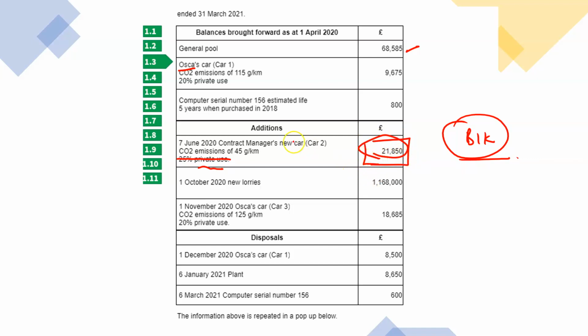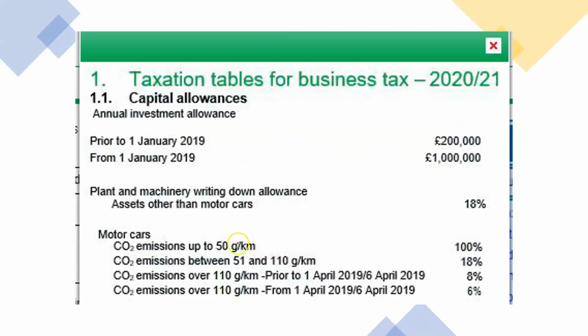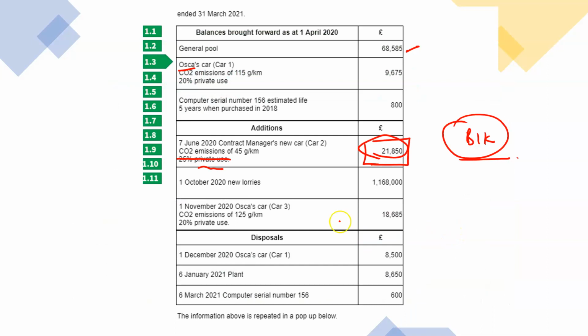Okay, great. So first of all, I can see here that cars with emissions of less than 50 grams per kilometer will get 100%, and I can see here this is 45. So this car will get the full 100%.